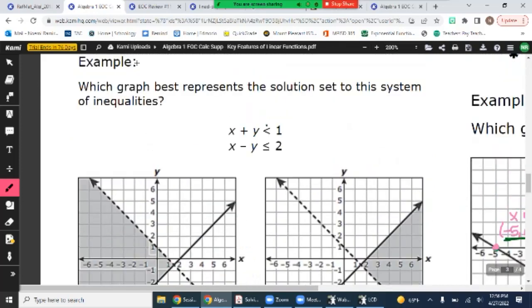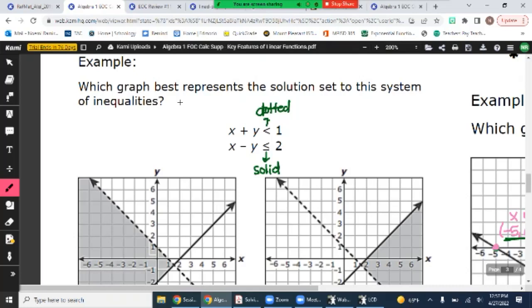A solid or a dotted line? Dotted. What about the bottom one? Solid. You're going to have answer choices on some questions, not on every question, where it gives you 2 dotted lines or 2 solid lines. You could eliminate those. So I've narrowed it to dotted, solid, dotted, solid.